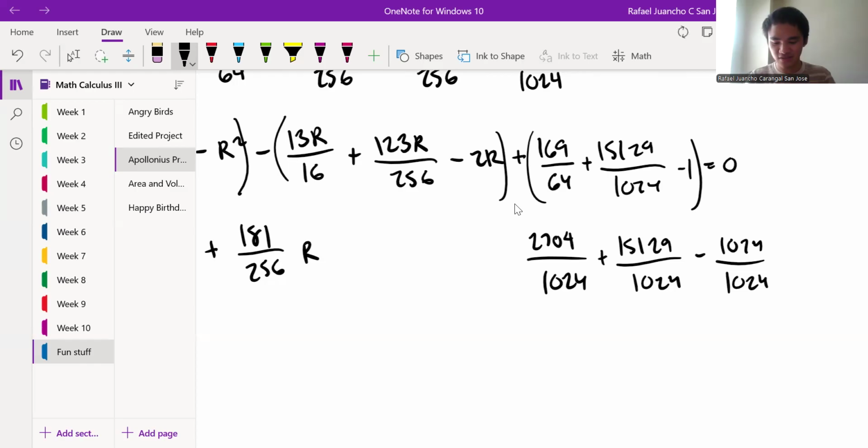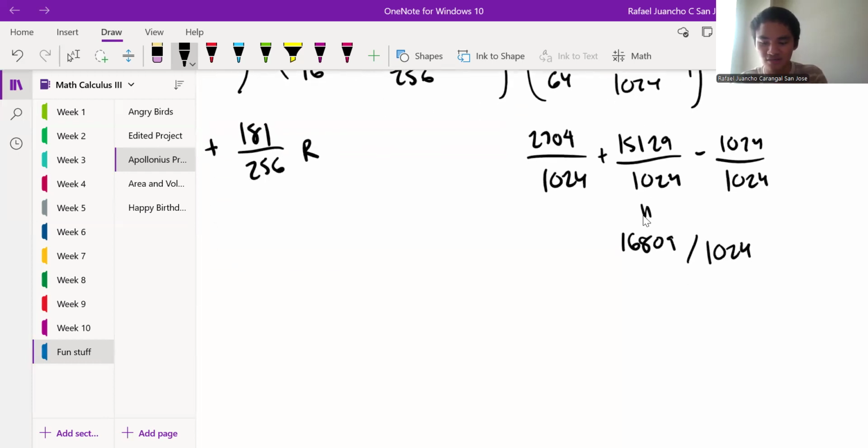And then from there I get 15129 minus 1024. And I get 16809 divided by 124. Now is that a number I can, oh shoot, it's not. Oh goodness. Okay, so I get that number.